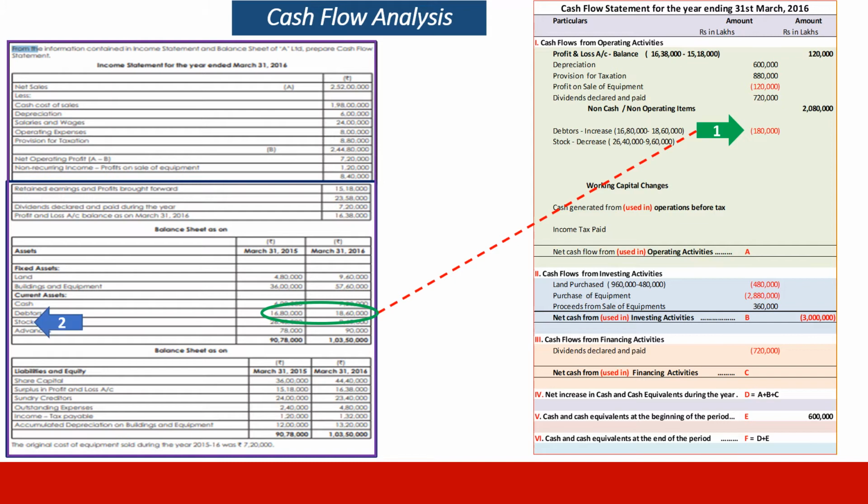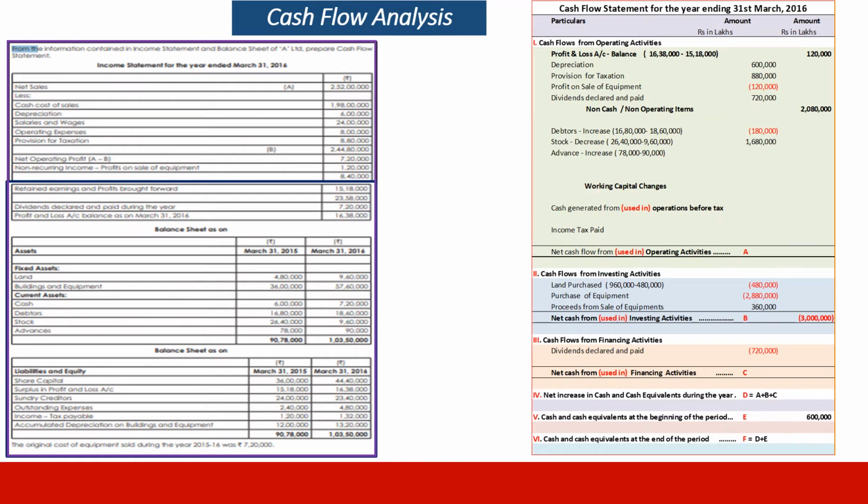Next in the line is the stocks. Stock has moved from 26.4 lakhs to 9.6 lakhs, meaning we have liquidated stock and collected cash. There is an inflow, and that inflow is 26 lakhs 40,000 minus 9 lakhs 60,000, which is 16 lakhs 80,000 cash inflow. Next item is advance.